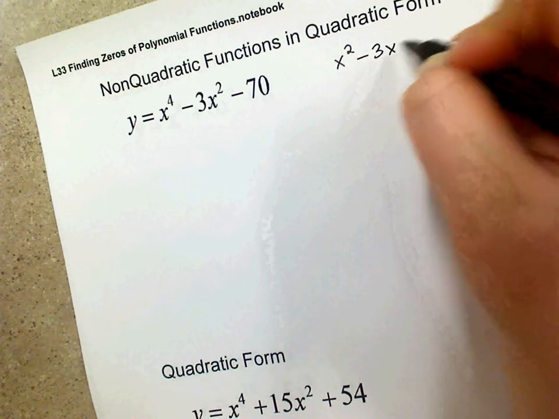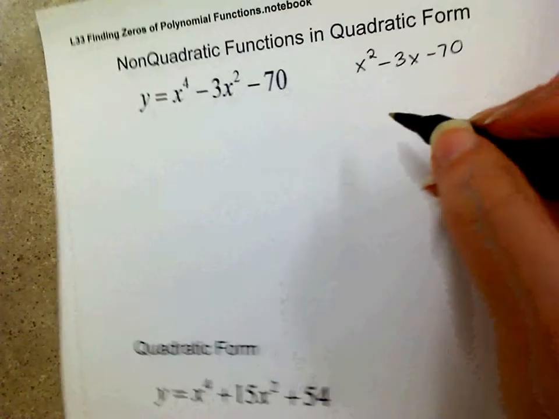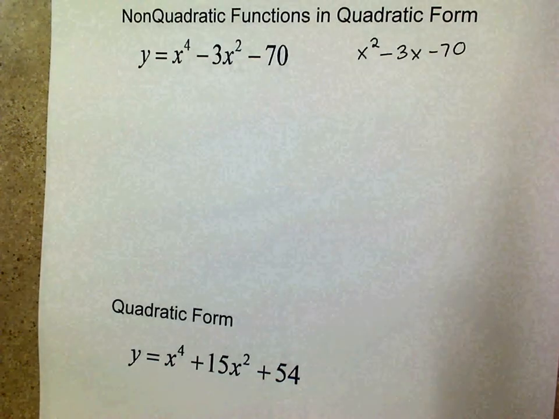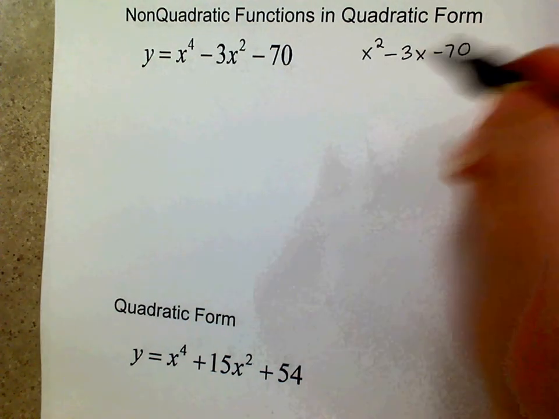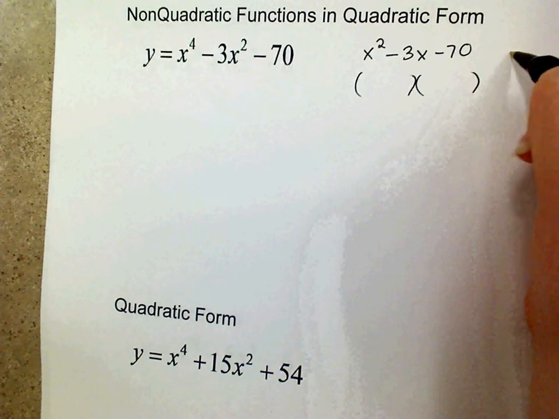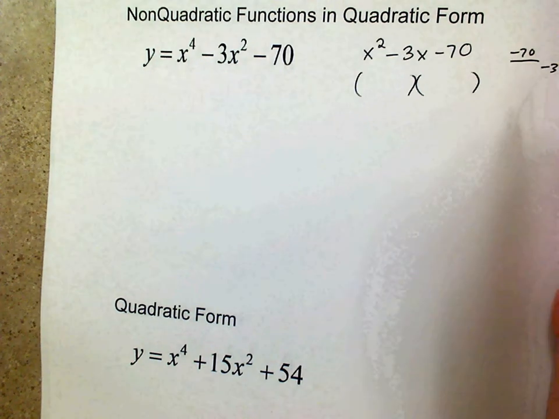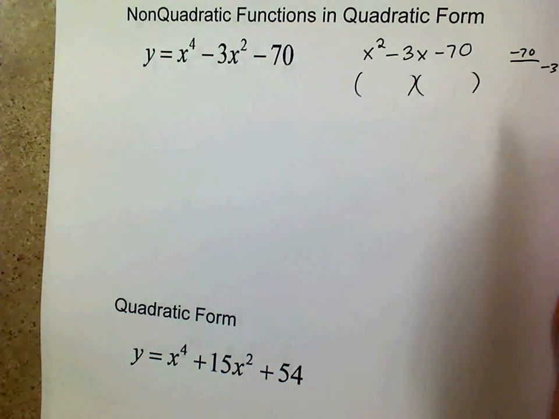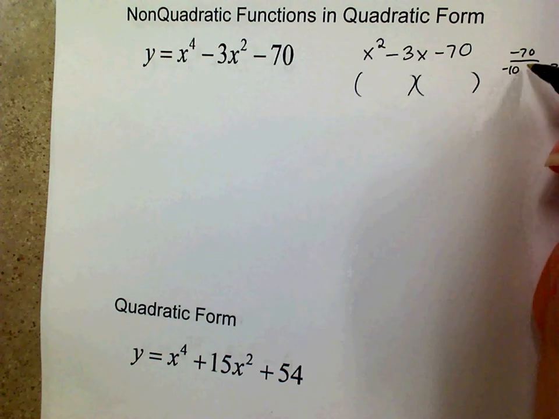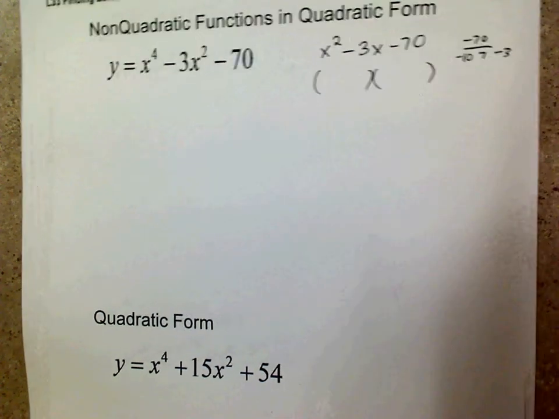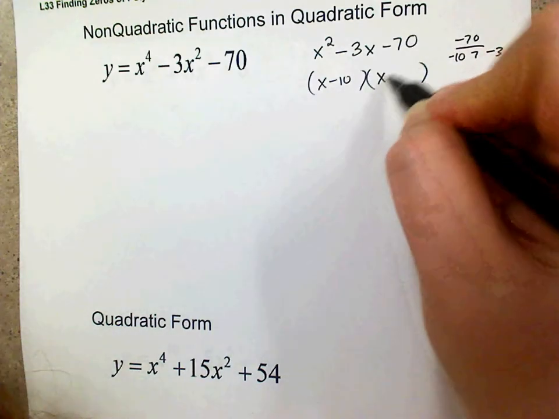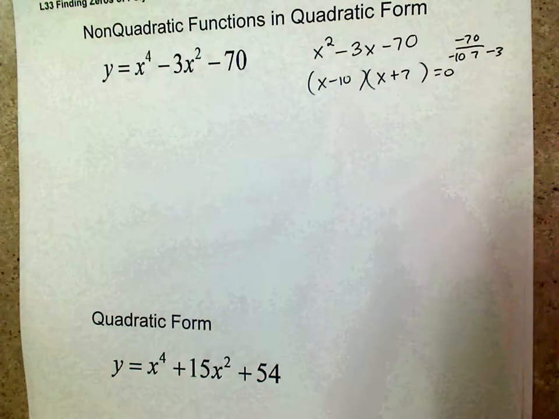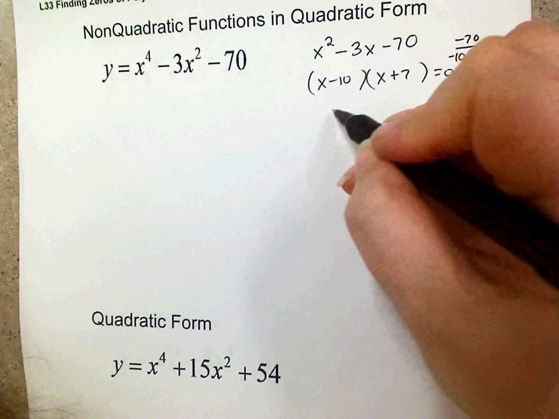And if I asked you to solve this, what would you do? You would factor it, right? What are the factors of negative 70 that add up to negative 3? Negative 10, positive 7. So maybe you would write x minus 10 and x plus 7 and set equals 0. The answer would be positive 10 and negative 7. Okay. No big deal, right?